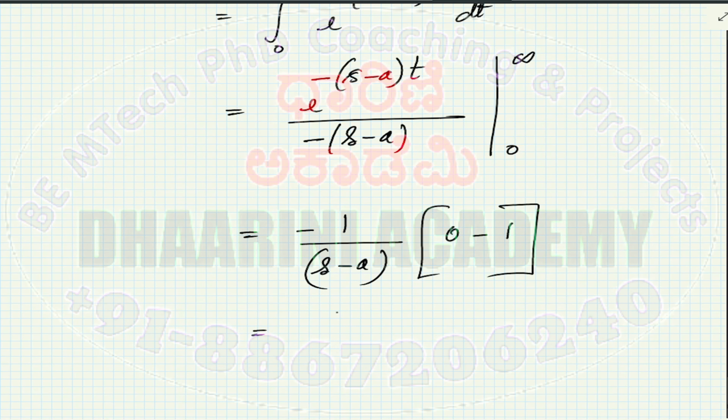So minus of minus 1 is plus 1, so this is 1 by s minus a. This is F of s.